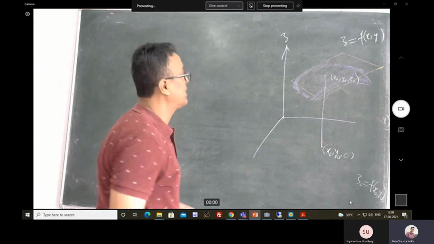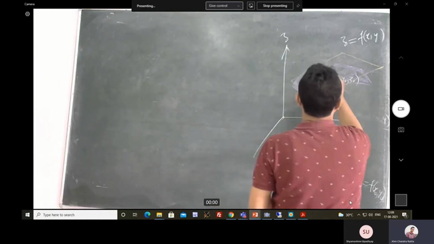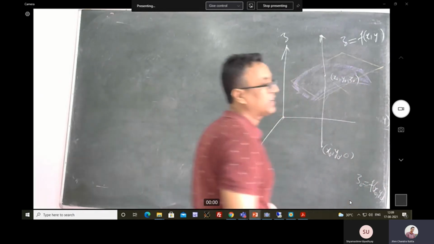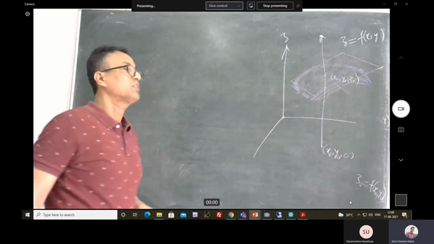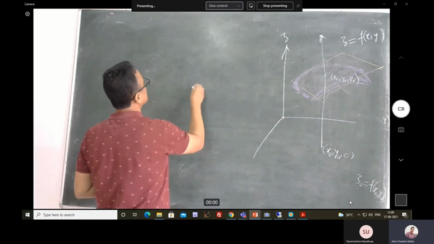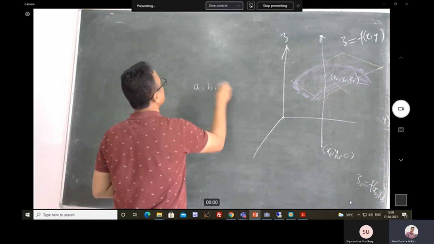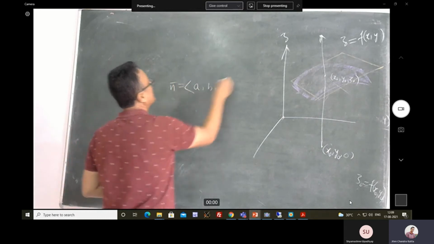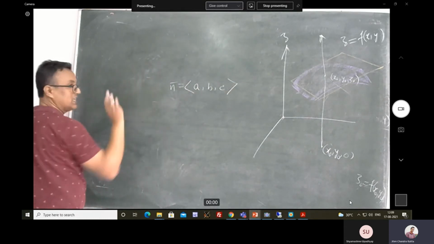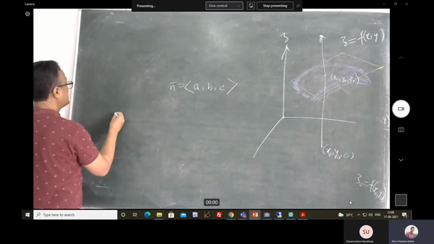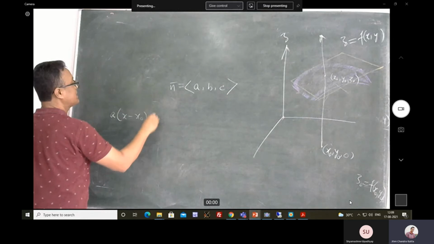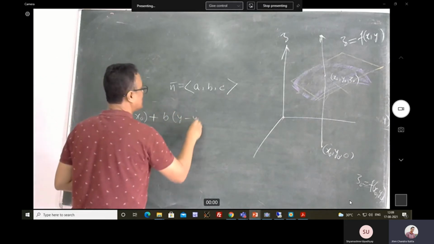If I know the direction ratios of the normal at that particular point, say suppose they are simply given by A, B, C, the normal at the point x naught y naught z naught, then you know that the equation of the tangent plane is given by this.